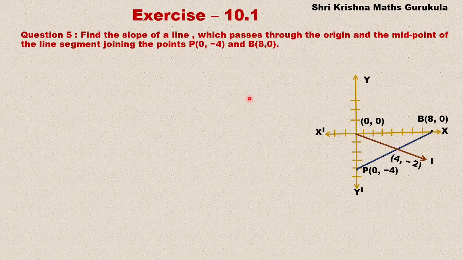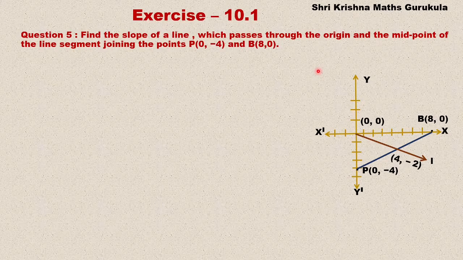To find the slope of the line, we should either know the angle of inclination or we should know any 2 points on the line. In this case, we are not given the angle of inclination. Angle of inclination is the angle which the line makes with the positive direction of the x-axis in the anti-clockwise direction. That means if the line is here, it is this particular angle the line makes with the positive direction of the x-axis, which is not given.